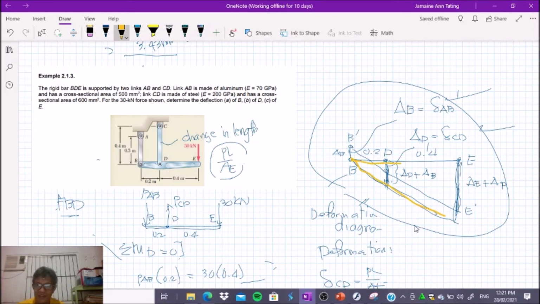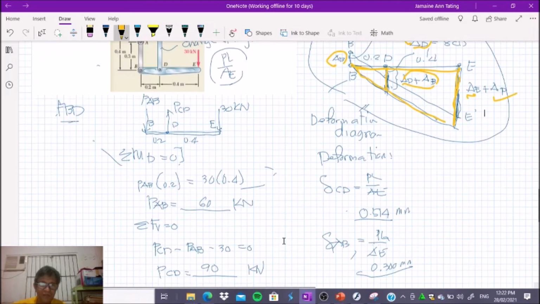Ayan. Mas madali na yan, kasi makompute mo na yung dalawa na ito. I-add mo na yung dalawa. Ito na lang triangle na ito. Ito 0.2. Pagkuha ng delta E, gawin nyo. Makukuha nyo na yan. Then let's proceed to the next problem.